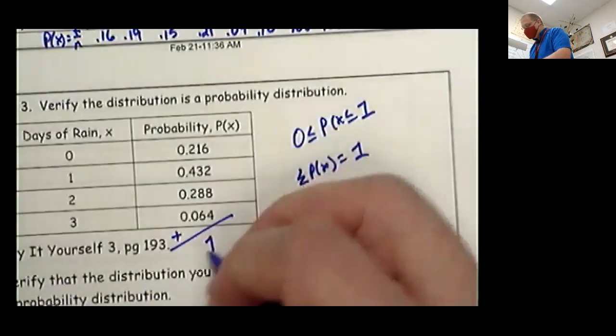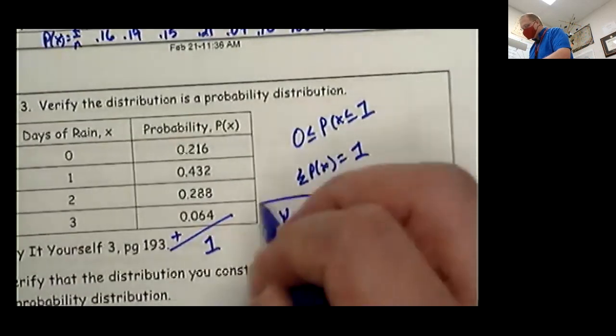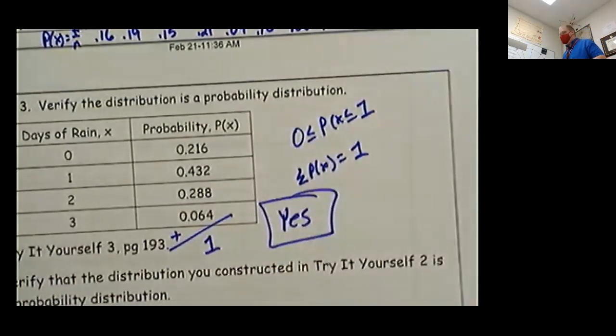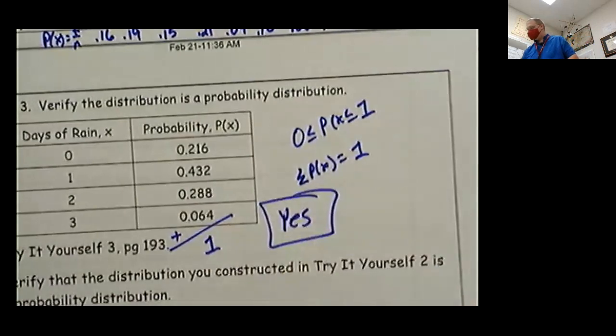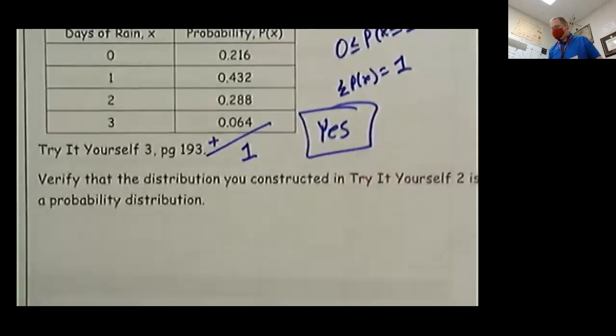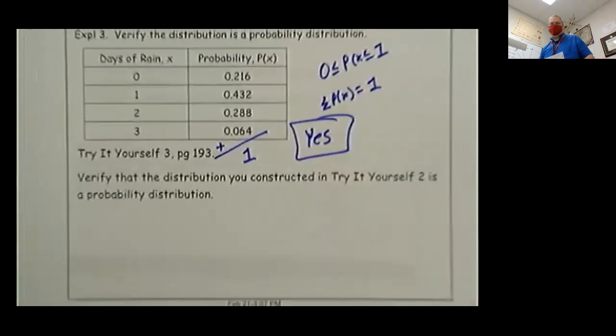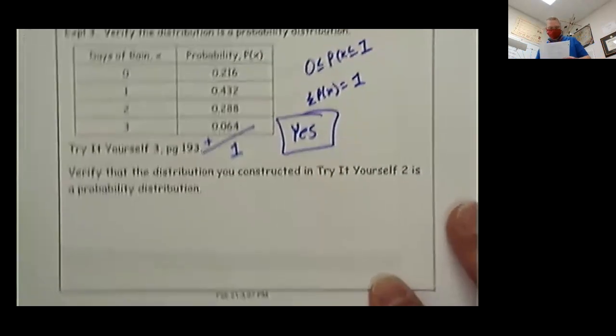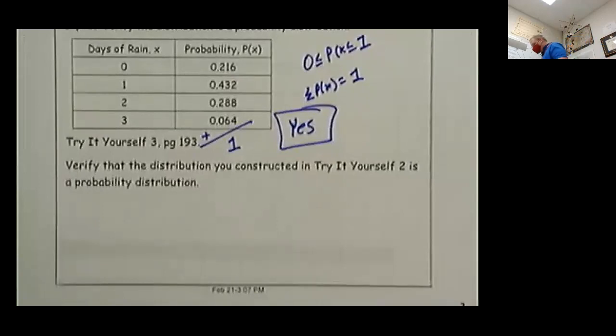So because they added up to 1, our big answer is yes. We verified that that is a probability distribution. Go ahead and try it yourself 3 on page 193. Verify that it is a probability distribution. And you should see that it is.